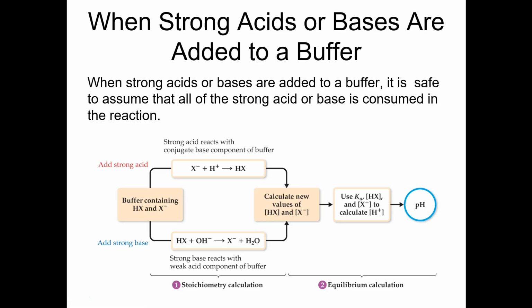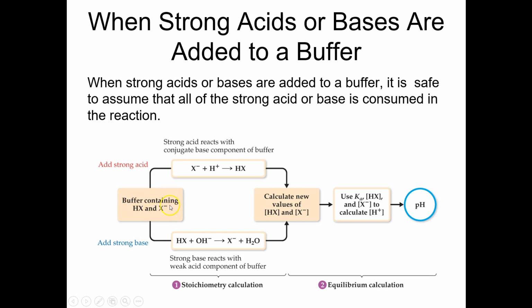All right, so how do we do the calculation to figure out, A, what the initial pH of our buffer is, and then what the pH would be after we had added some quantity of strong acid or strong base to it? Well, first we figure out how many moles of HA and A minus we have.